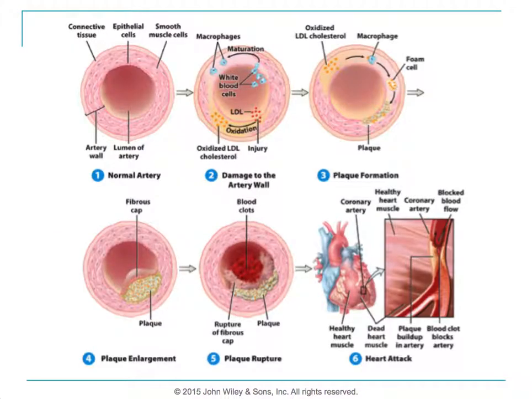All right, this comes right from your text, and this is looking at the cross-section of a normal artery. So here we have the normal artery. Okay, we're having some damage here to the artery wall. LDL, those lipoproteins, they're coming through, they're dropping off some cholesterol. Your white blood cells are coming in to respond to this injury.